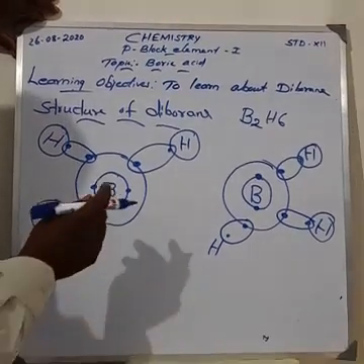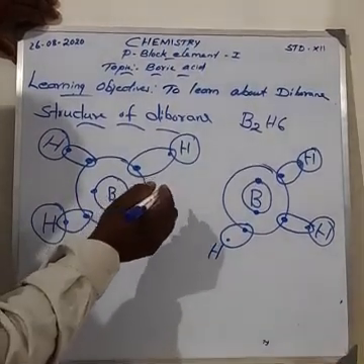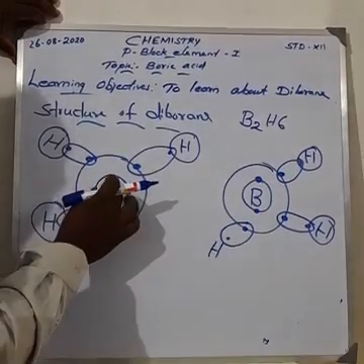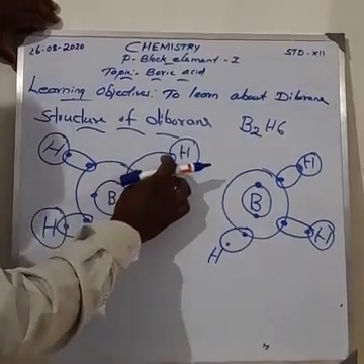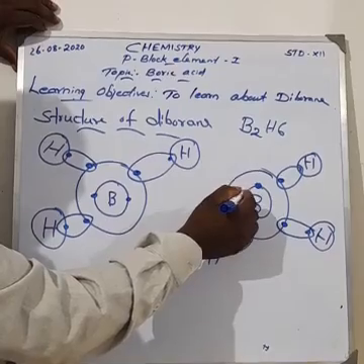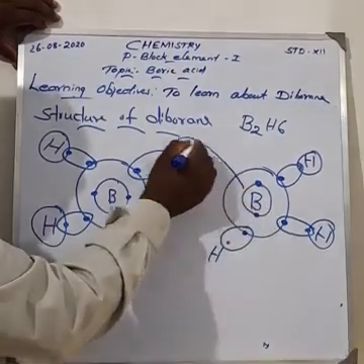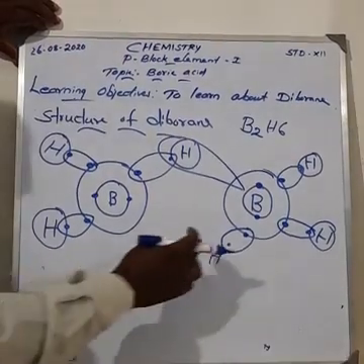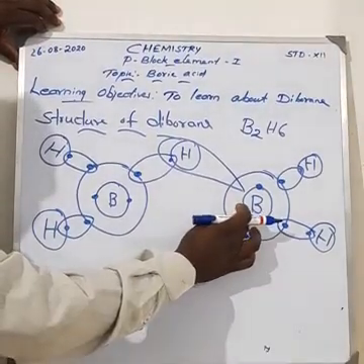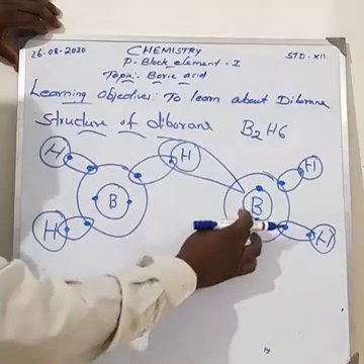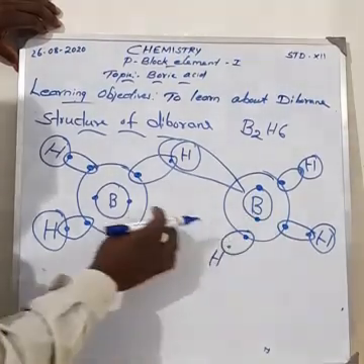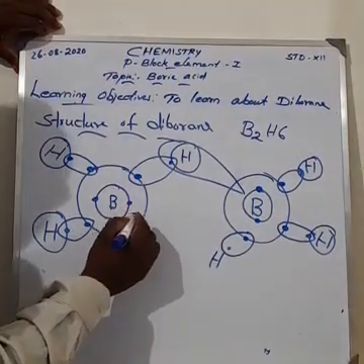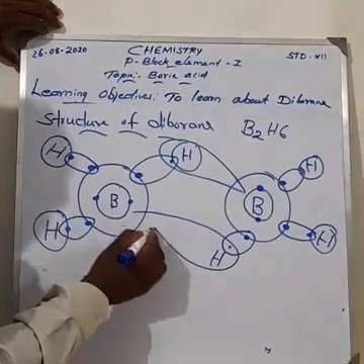For this boron there are 2 electrons, and this boron's 2 electrons can also be joined. Here the boron is covalently bonded to boron and hydrogen. Here also the boron bonds with 2 electrons.